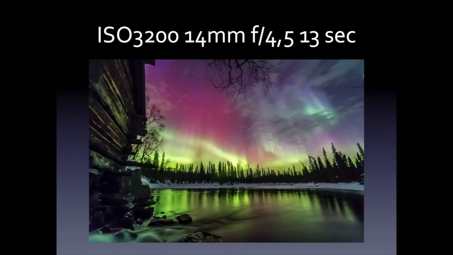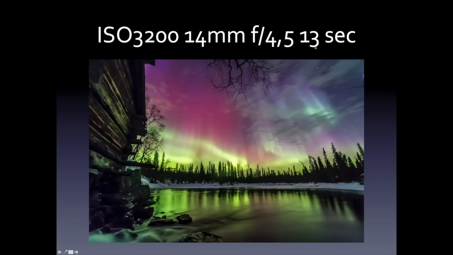Here are the settings. There is ISO 3200, a 40mm lens. The aperture is quite narrow for a nighttime photo, 4.5. The reason was that I wanted to get these rocks over here in focus, and also the stars.